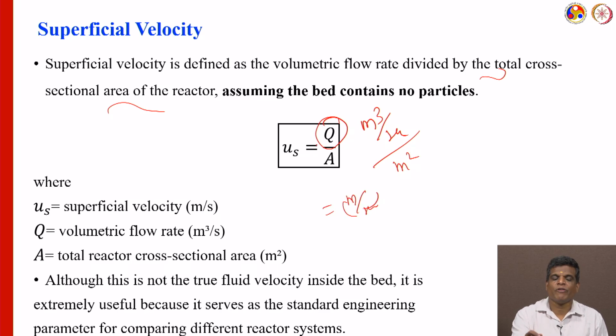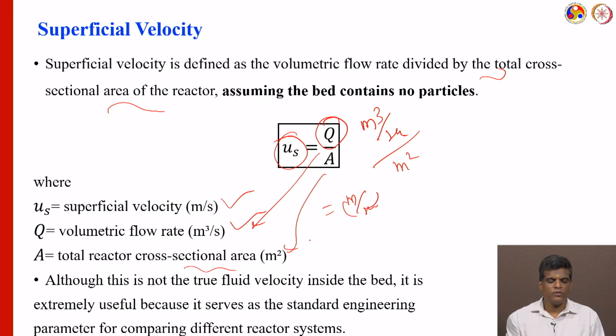We write Us, the superficial velocity, equal to Q by A. Although this is not a true fluid velocity inside the bed, it serves as a standard engineering parameter for comparing different reactor systems. It is important because we are calculating the velocity as if there is no particle inside, as if it is empty.